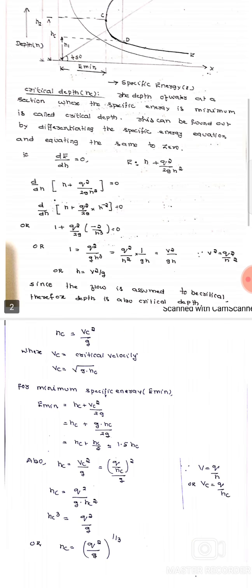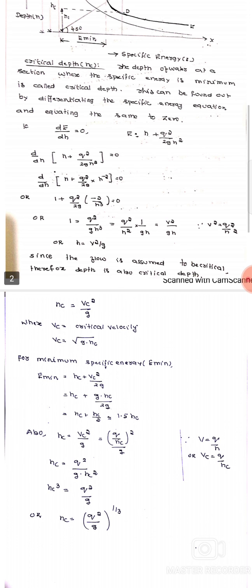So q square by h square can be written as v square, so 1 is equal to v square by gh, or v square is equal to gh, and we can say h is equal to v square by g. So this can be written in terms of h and v.